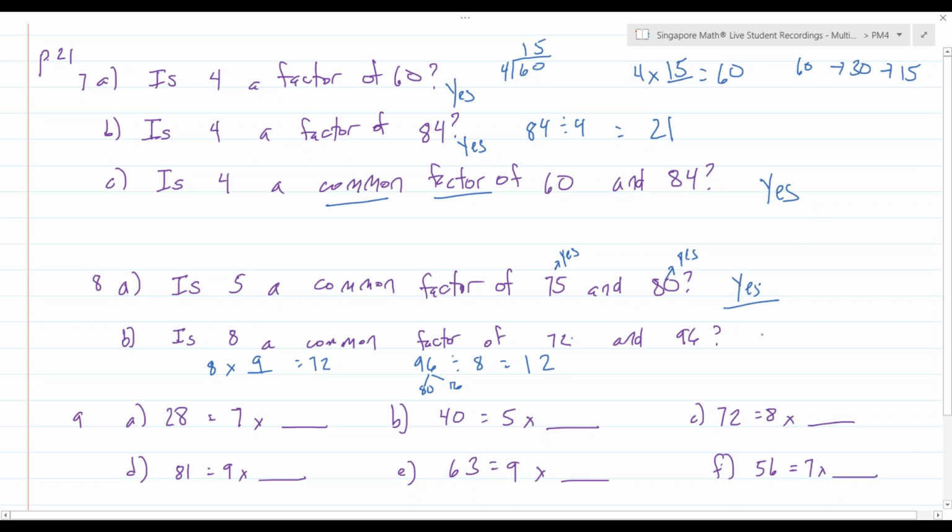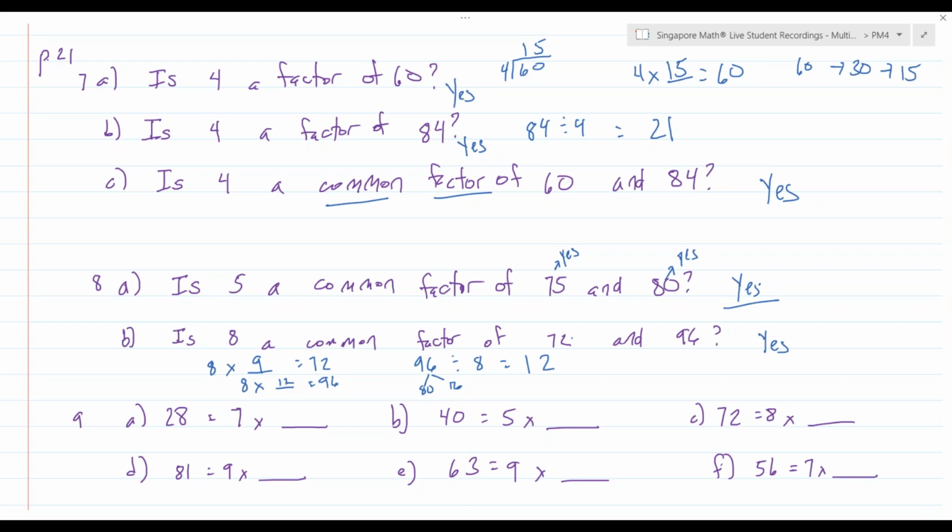So 8 is a common factor of both of them. In order to know that, I need to know that 8 times something will give me that number. And whether you do it as a multiplication problem or a division problem, it works the same.